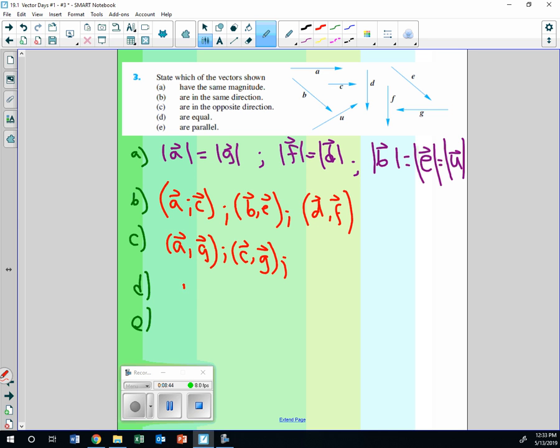Is B equal to anything? Yep. We can put equal. And D, equal to what? F. Good. And then the last one for parallel. A is parallel to C is parallel to what else?